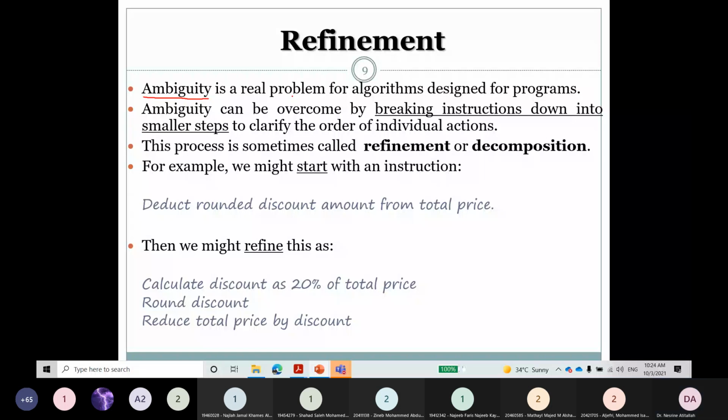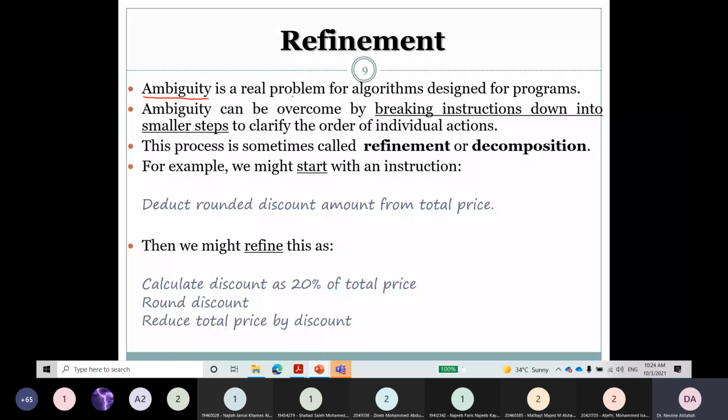Okay, so ambiguity can be overcome by breaking instructions down into smaller steps to clarify the order of individual actions. When you have some ambiguity in your program, you need to break down your instructions into smaller steps.